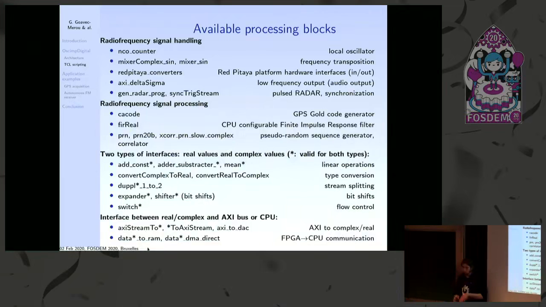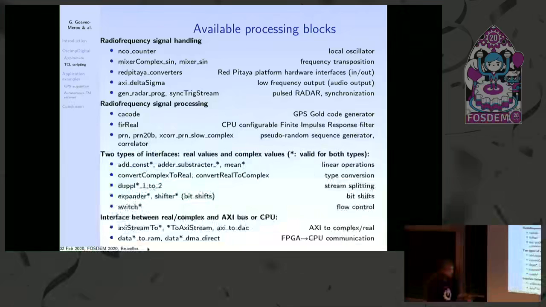Switch is just a select. You have two inputs. You have MUX. Finally, some interface between our custom interface and AXI interface, used, for example, when you need to use a FIFO provided by Xilinx to do a cross-clock domain.